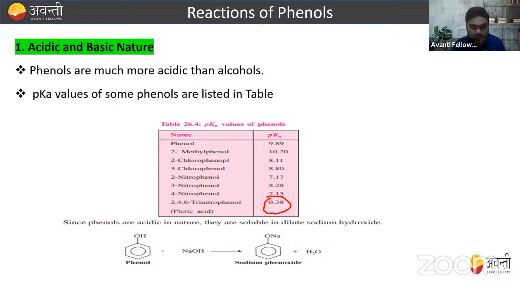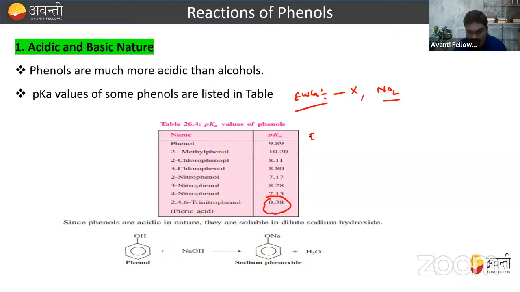So we can observe that if we put electron withdrawing groups like halogen or NO2, which are called electron withdrawing groups, on phenol, their acidic character will increase, right?